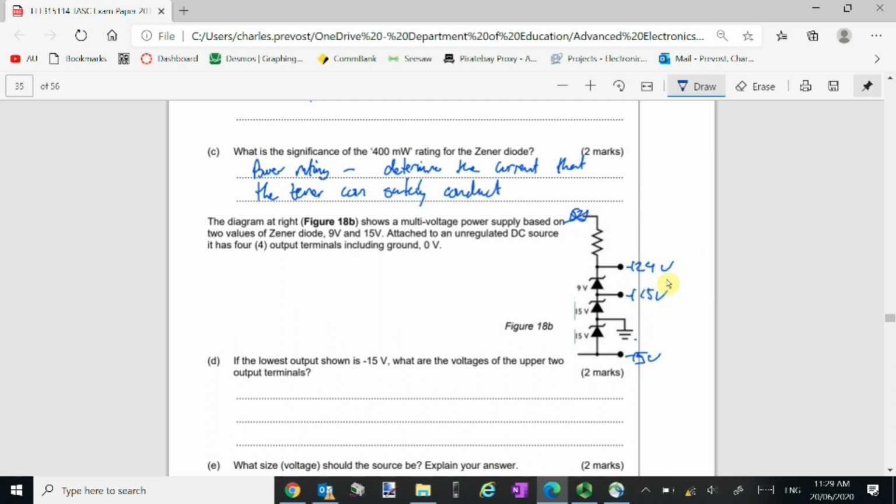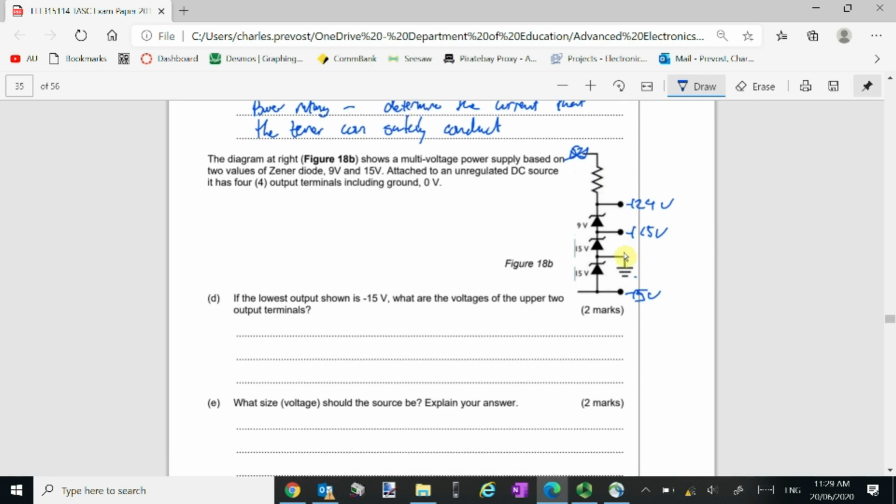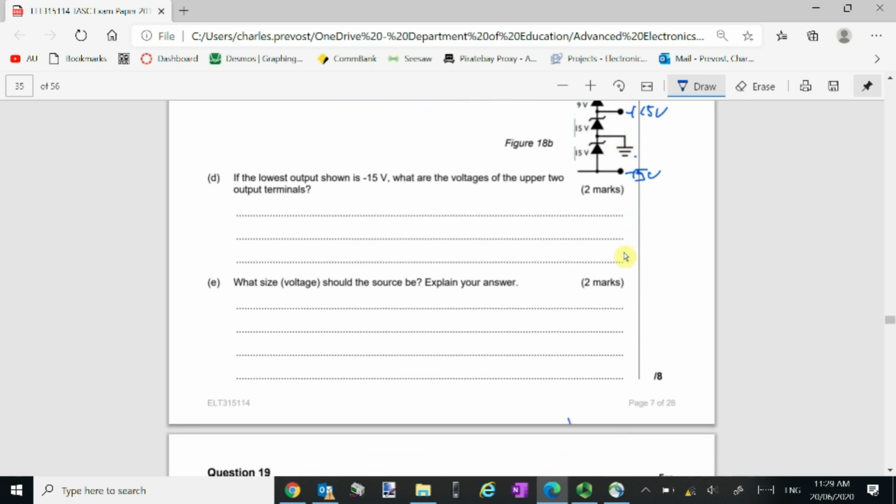Okay. And the magnitude of the voltage, so the size of the voltage of the source B, is going to be the sum of all of these, at least. We still need some voltage across this resistor in order to get current flowing through the rest of the circuit. So 30 plus 9 is going to be 39 volts. So at least 39 volts.